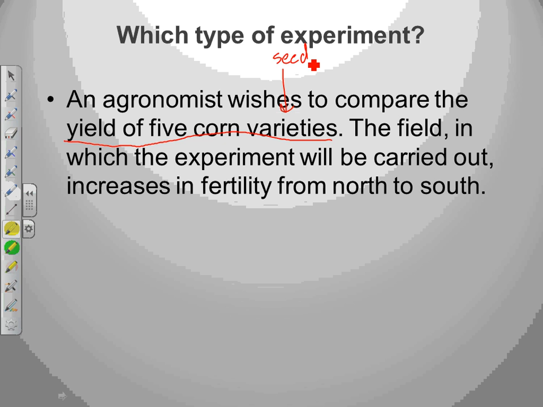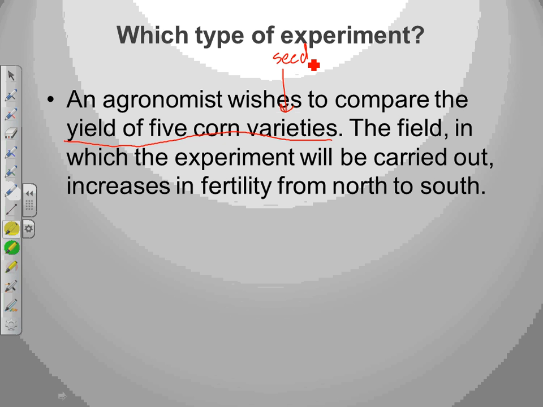What do we think? Which one makes the most sense? What do you think, Mr. Herzberg? Since it's more fertile down at the north end of the field, I think that you should sort them out evenly.